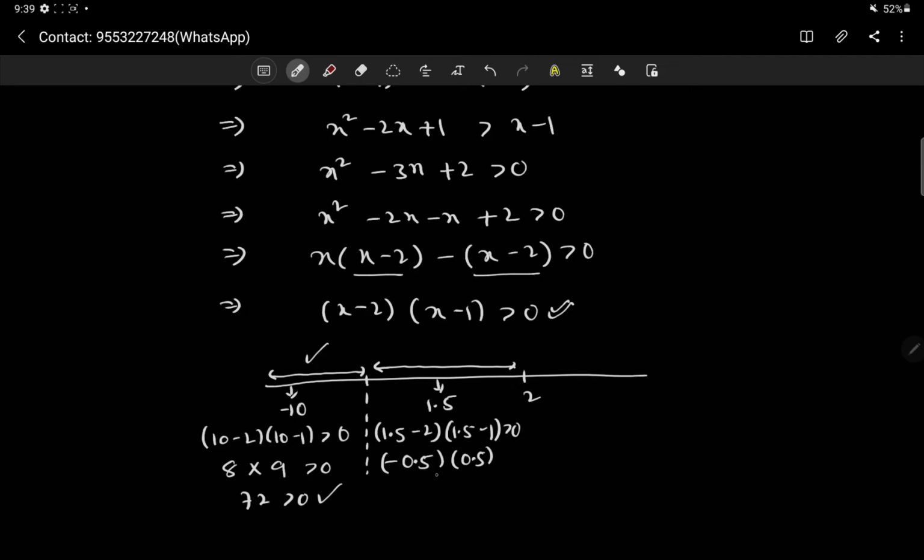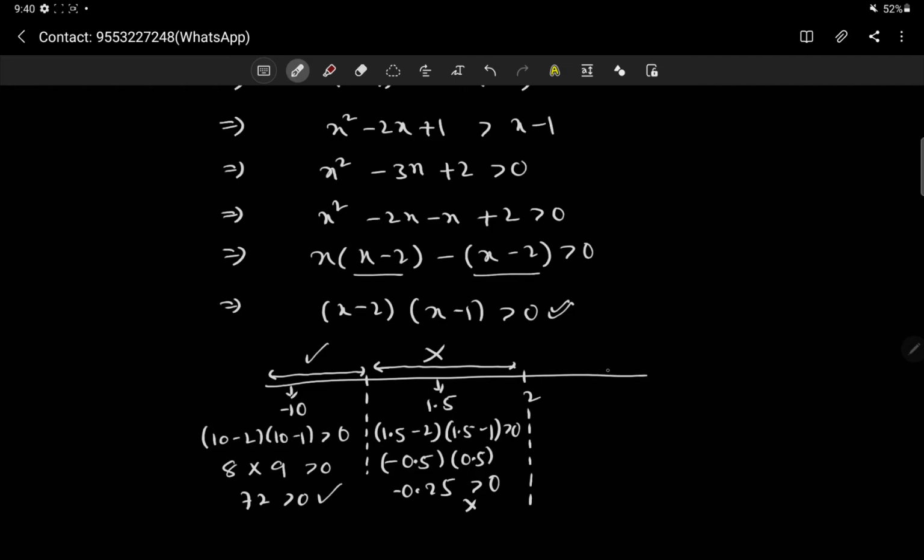Minus 0.5 times 0.5 gives us minus 0.25, I think, right? This is greater than 0? You see here, minus 0.25 is less than 0, not greater than 0. So that's why this is an incorrect statement. So you can't take these values as x values.